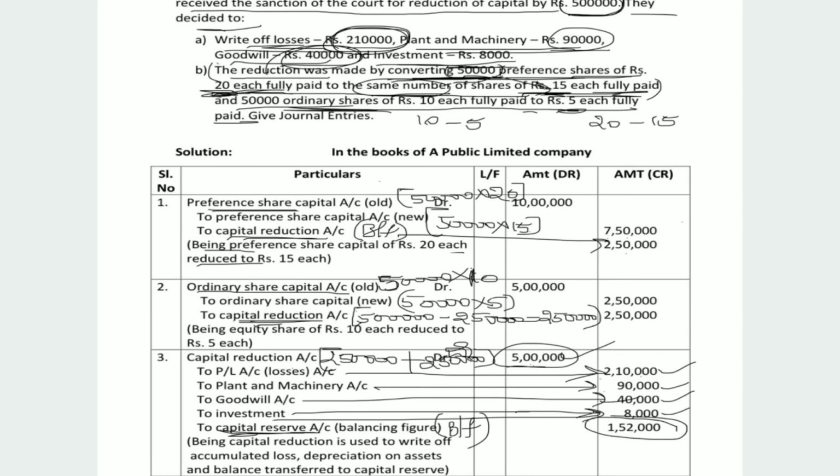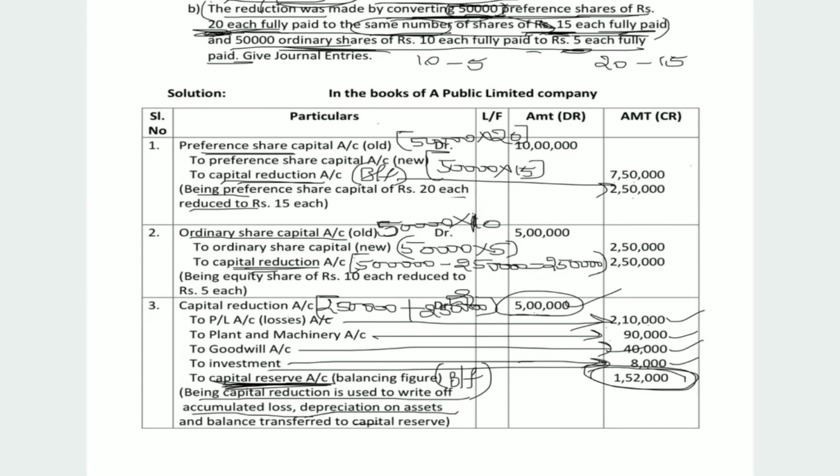The remaining 1,52,000 will be transferred to capital reserve account. So the narration will be: being capital reduction is used to write off accumulated loss, depreciation on assets, and the balance value transferred to capital reserve account.